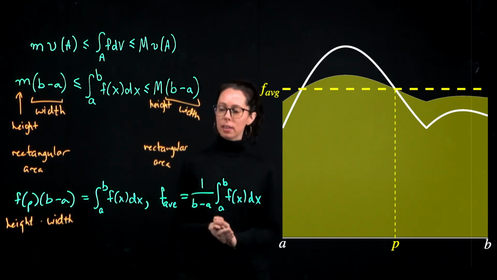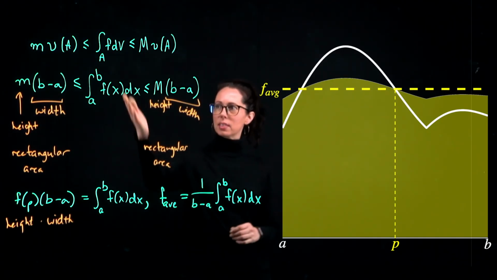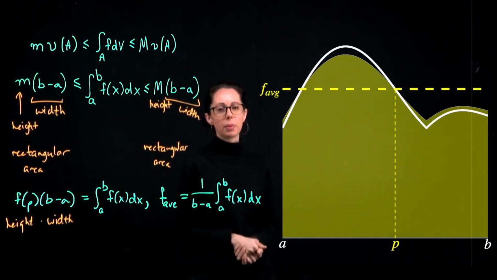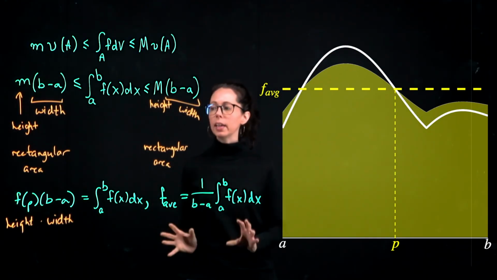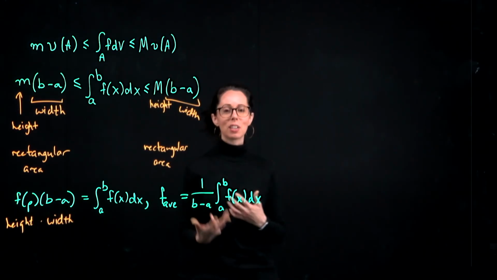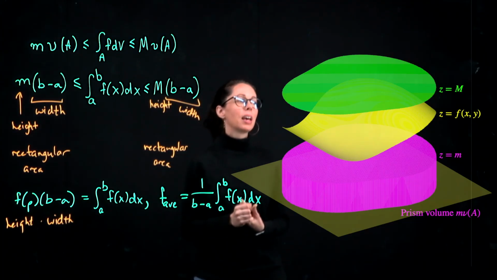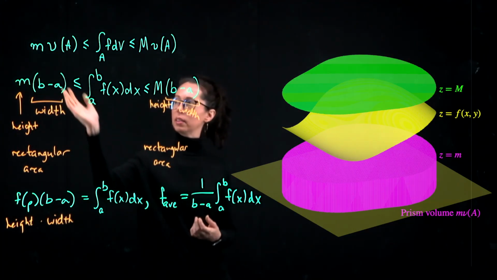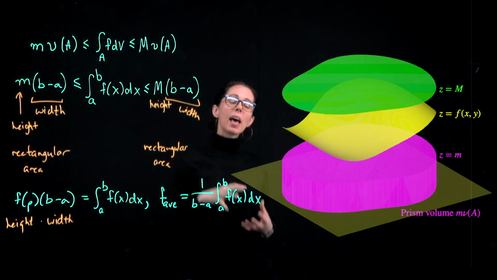Okay, so both statements 4 and 5 relate the idea of this kind of area or general volume computation when we do Riemann integration to what here works out to be nice rectangular areas for, say, a function of 2 variables over some blob shape, like this picture I've tried to sketch here. We could think of the analogous notions of m times the volume of A and capital M times the volume of A as prisms.